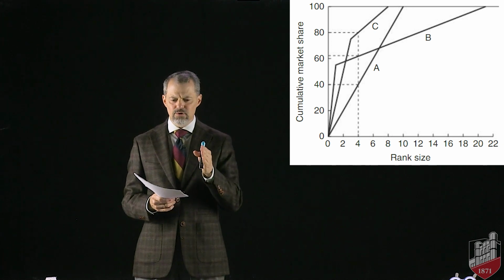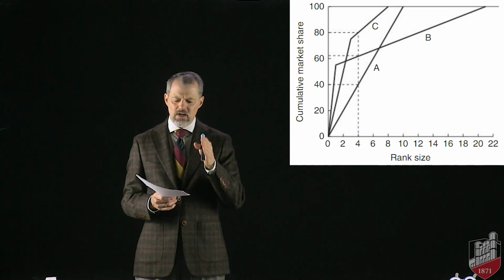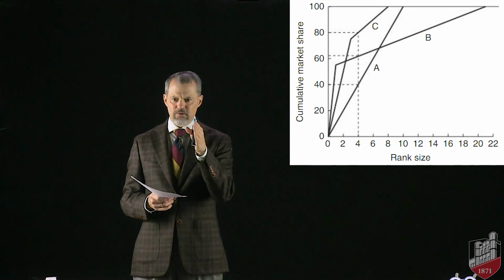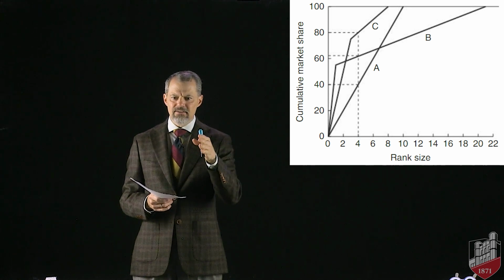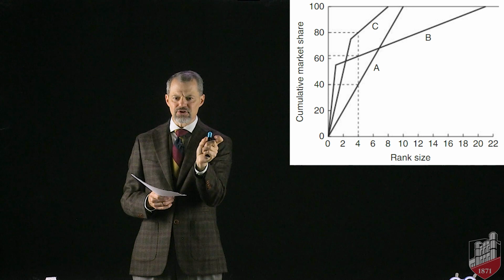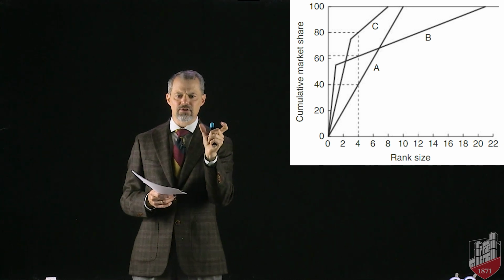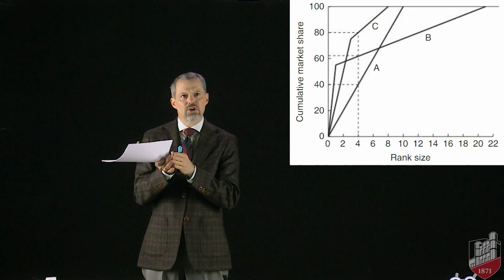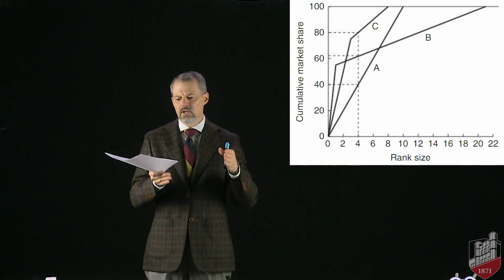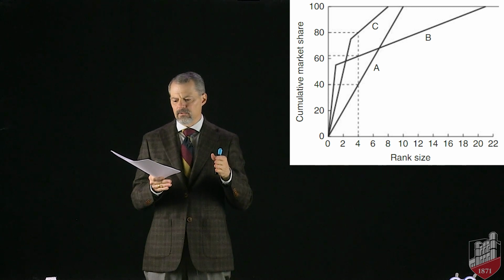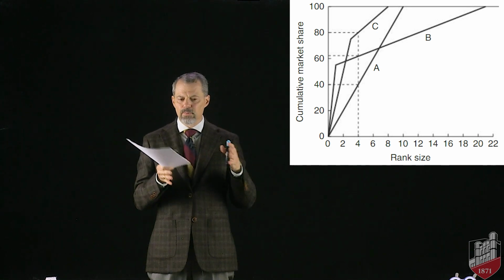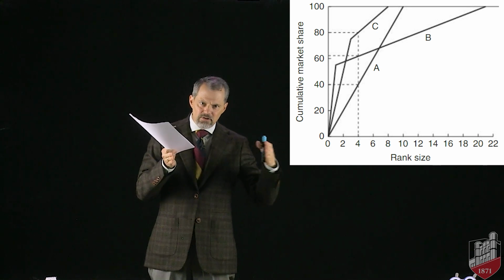And then what you do is you calculate the percentage of the industry's total output accounted for first by the largest firm, then next by the largest 2 firms, and then the largest 3 firms. So essentially what you're getting is a cumulative fraction of the industry's total output that's put together by smaller and smaller firms.